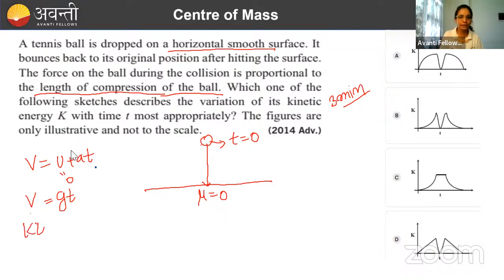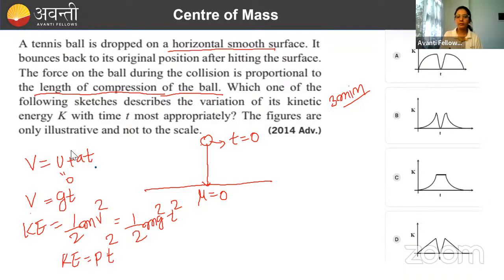Now kinetic energy we need to find out, right? So half mv square. Now what will it look like? Half m g square t square. So kinetic energy seems like some constant. If I call that constant p, suppose, so some constant p into t square. So this is the equation of what? You all are maths students, right? You all remember the equation of parabola.